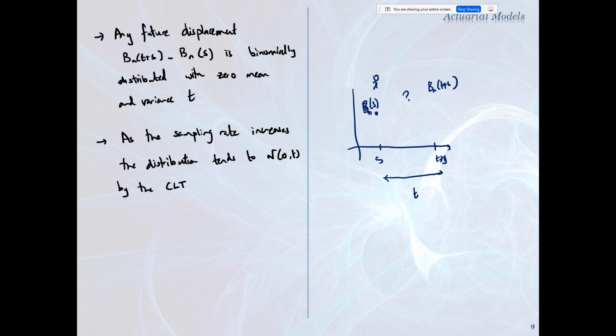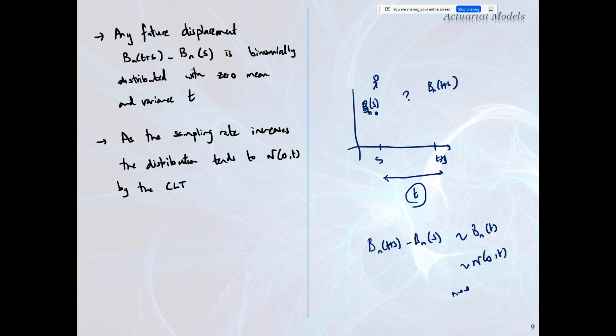Because we are working over t units of time, B_{t+s} minus B_s will have the same distribution as B_t, hence a normal N(0, t), when n, the sampling rate, tends to infinity. This is what is being said here.